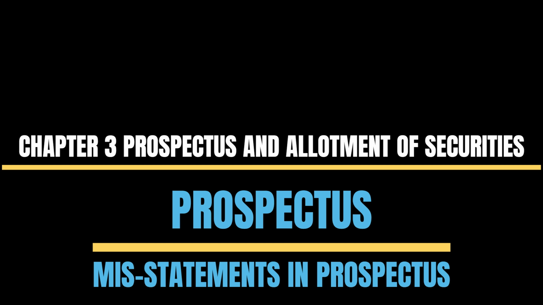The company and every person who is a director of the company at the time of the issuing of the prospectus, authorized himself to be named and is named in the prospectus as director of the company or has agreed to become such director, either immediately or after an interval of time; a promoter of the company; a person who authorized the issue of the prospectus; an expert referred to in subsection 5 of section 26.